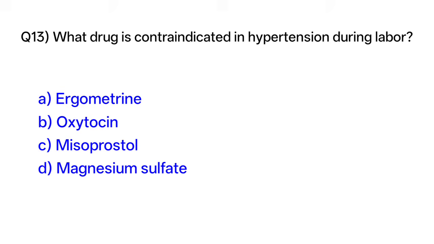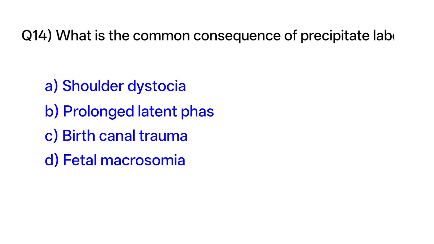The correct option is A. Ergometrine. Question number 14. What is the common consequence of precipitate labor? The correct option is C. Birth canal trauma.